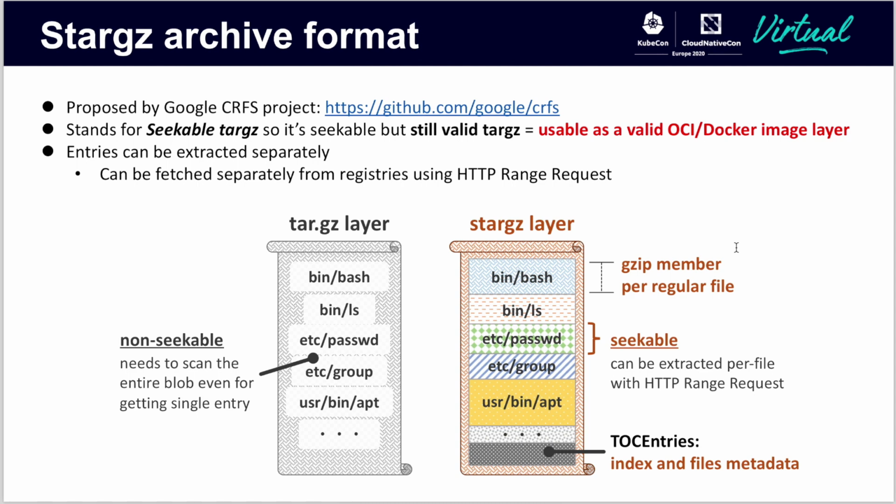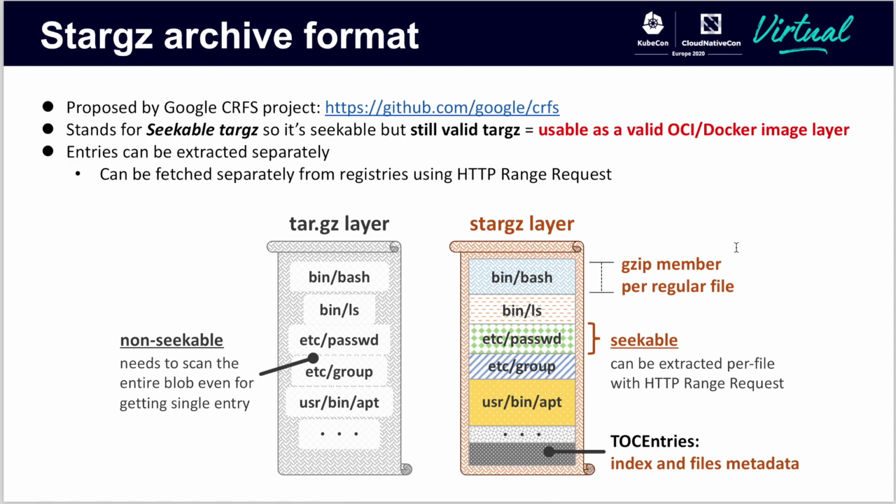And entries can be extracted separately, so each entry can be fetched separately from registries using HTTP range requests. Standard registries optionally, but I think most registries, support HTTP range requests, so we can download blob contents per file entry on demand, which enables us lazy image pulling.